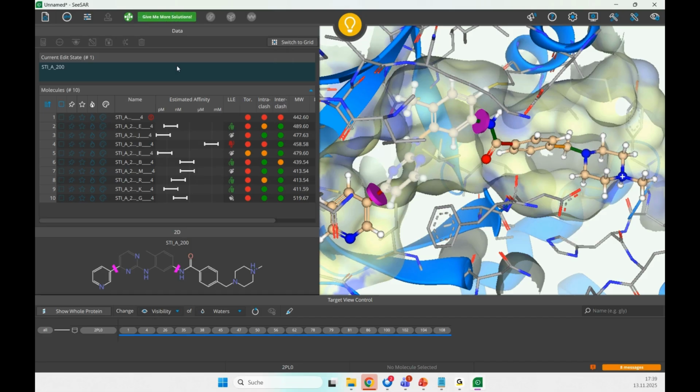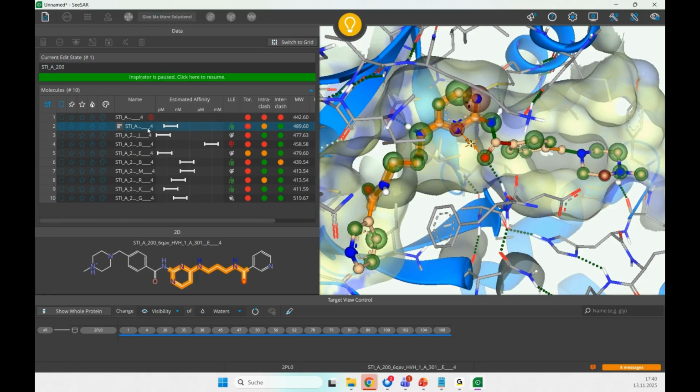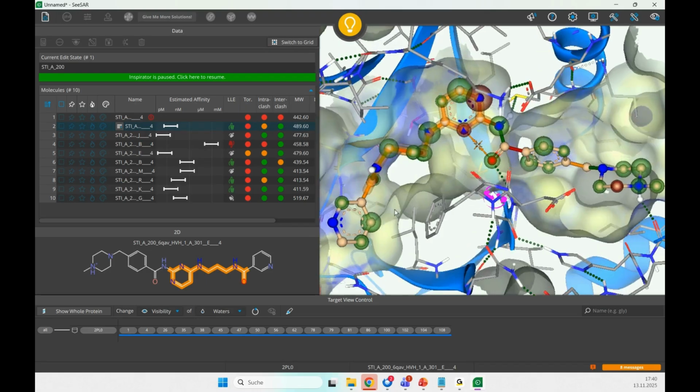Also some of those that are not so completely interesting, maybe because too flexible. In those cases, I would like maybe to go back and say, okay, let's apply a pharmacophore constraint in this section here. So I would like to have here an aromatic system, so no rotatable bonds. I'll do another 10.